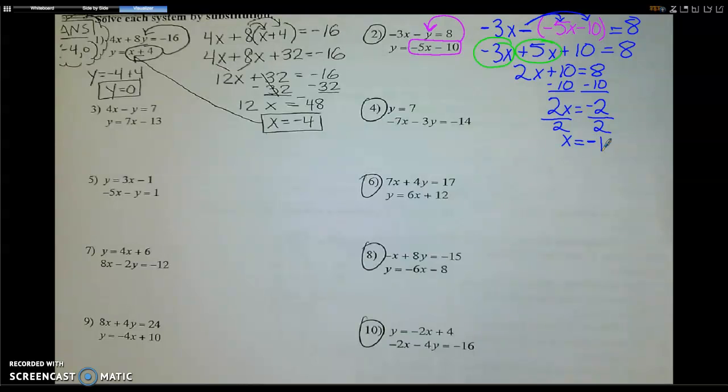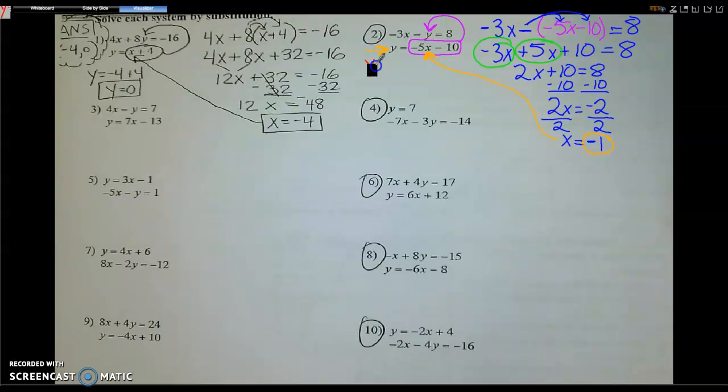So, halfway there. We have our x, but we don't know what y is yet. So, here's our x. We're going to take that x and substitute it back into this equation, for our x. So let's rewrite our equation and solve it.